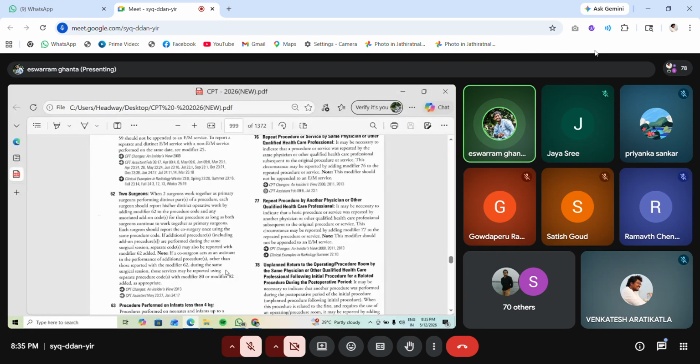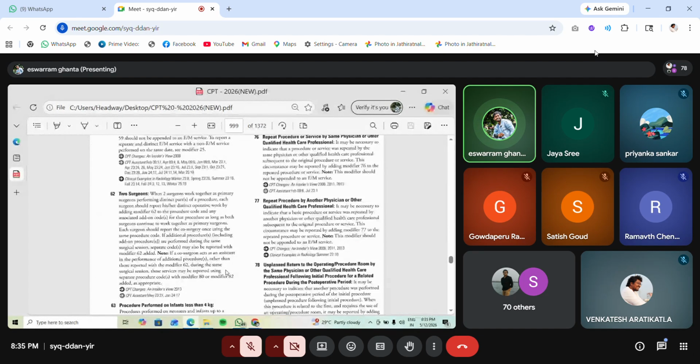There is one neurosurgeon and one orthopedic surgeon during spinal surgery, spinal cord surgery. In some cases a neurosurgeon is needed and an orthopedic surgeon is also needed.